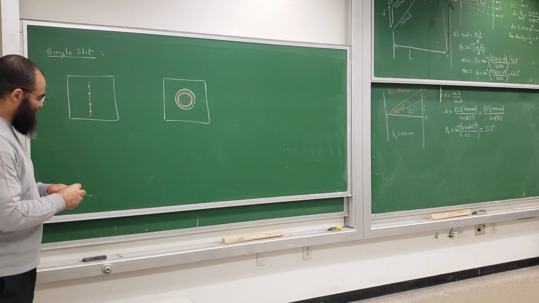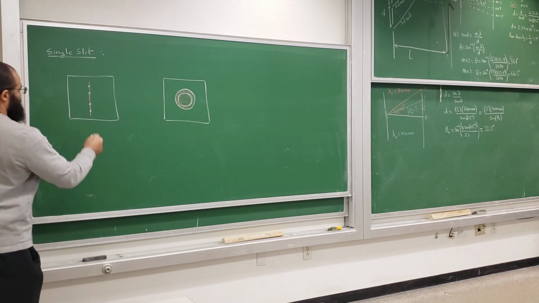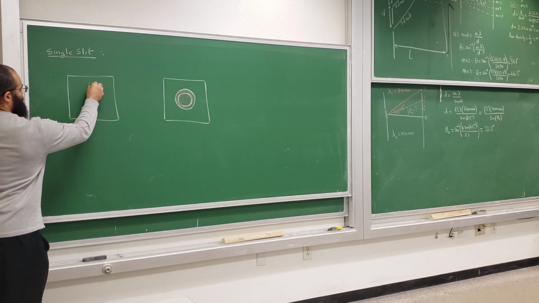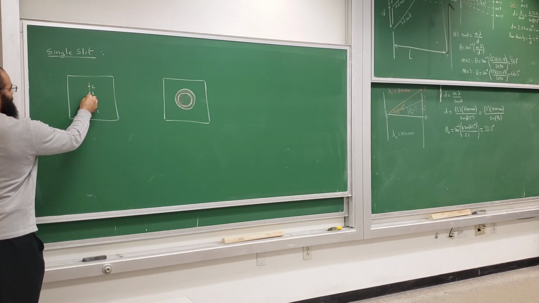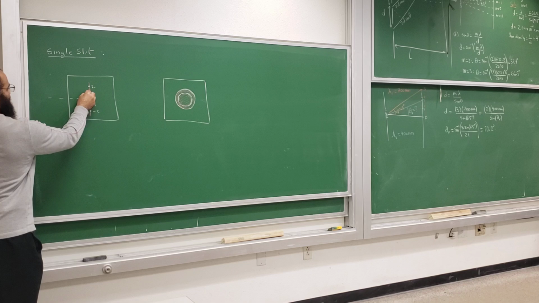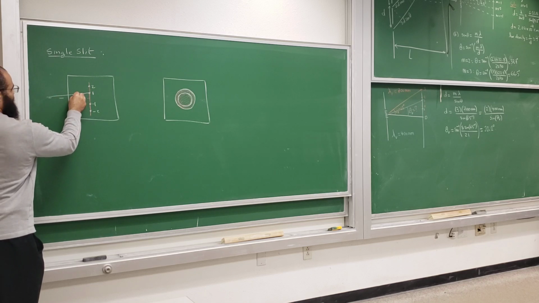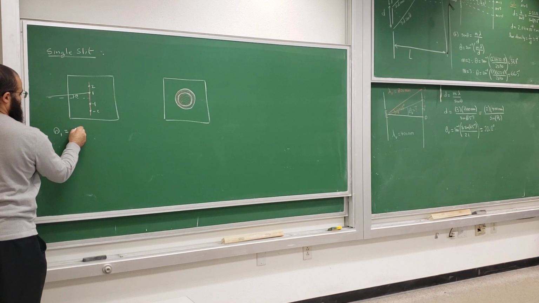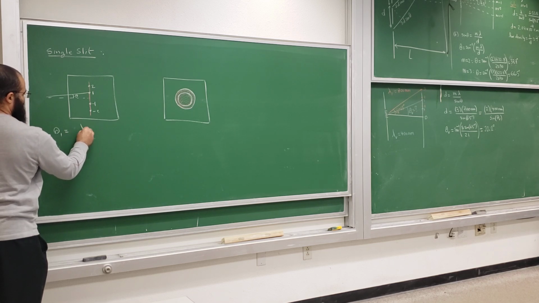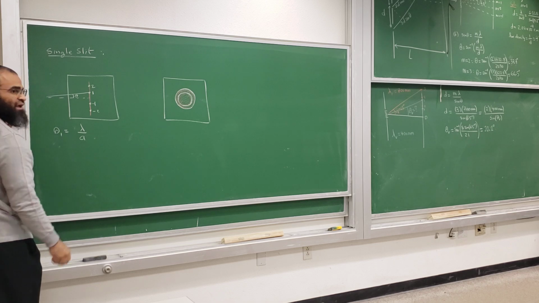Okay? For these, when we have these, this is 1, 2, -1, -2, for these, what we said, the angles were like this. The angle theta, for example, sine theta 1 was lambda over a, right?